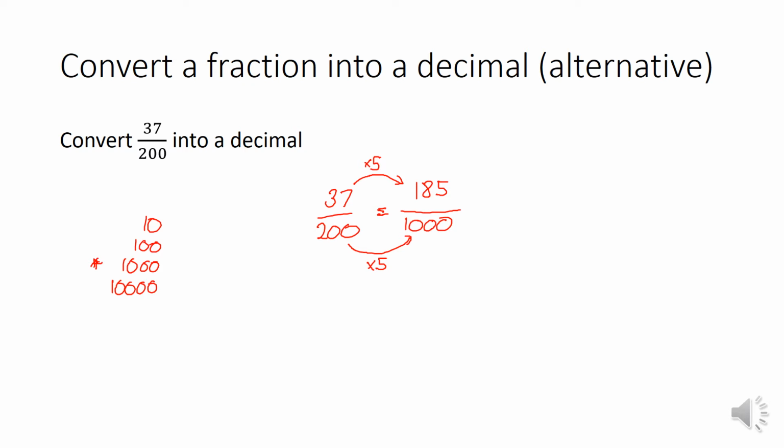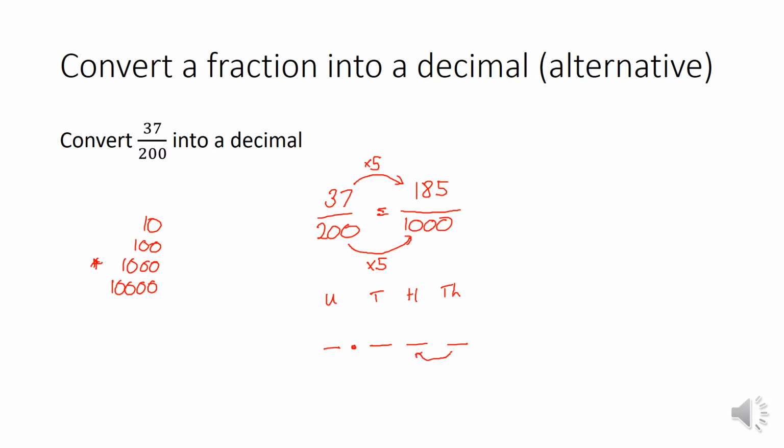So let's write it out again. We've got units, tenths, hundredths, and thousandths. This time we'll start at the thousandths column. We've got 185. If you've got more than 10, you have to go out into the next column.